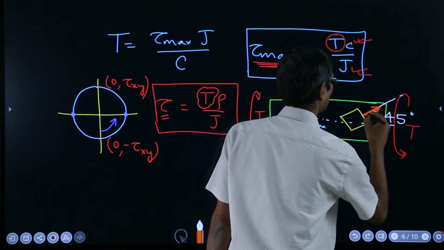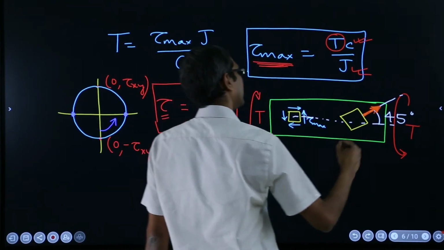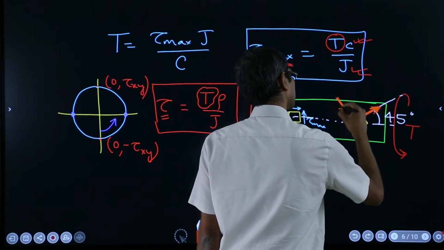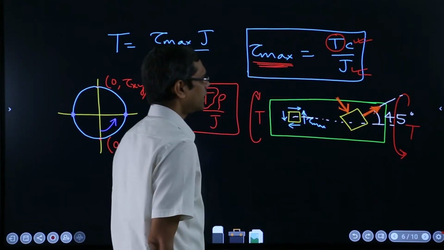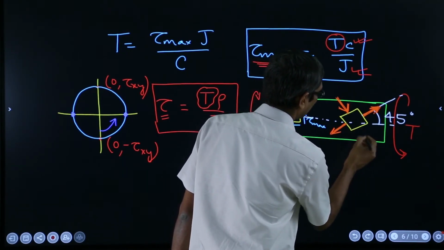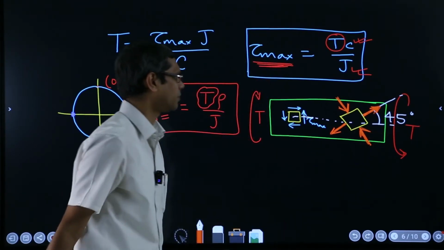So that normal stress will be like this, tensile. On the other side, it will be the same value of compressive stress. Okay. Now, I should draw both ways so that it will be clearly printed in the mind.